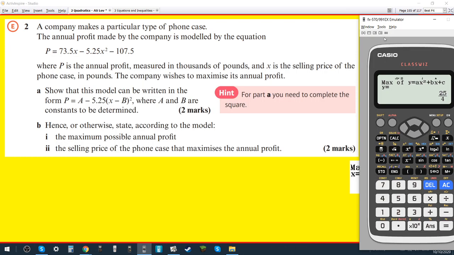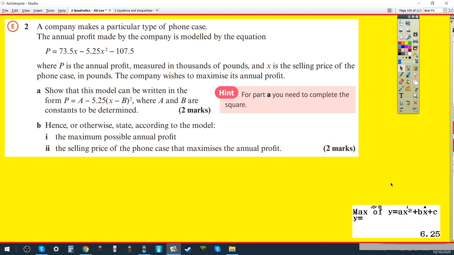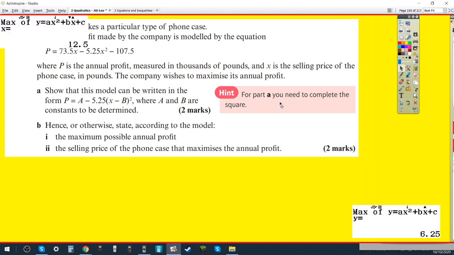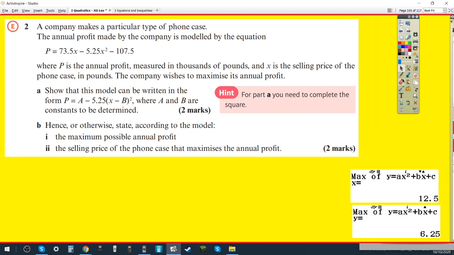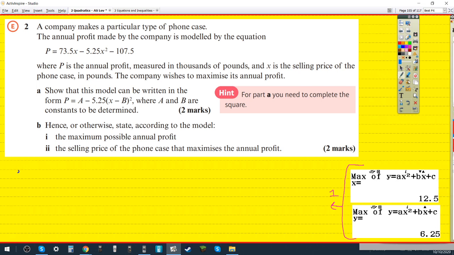So it'd be minus 5.25 x squared and then 73.5x plus minus 107.5. So x1. So how many decimal places? Money. 2 decimal places. 12.34. And x2 is 1.66.